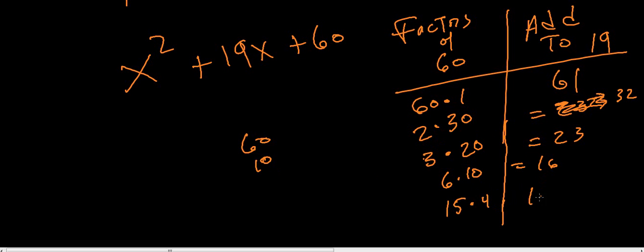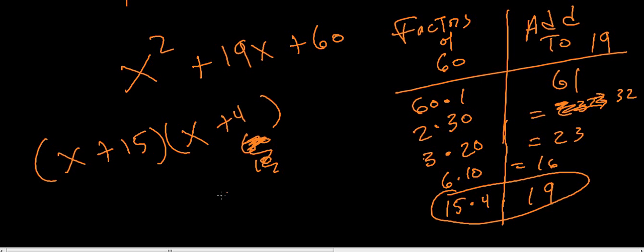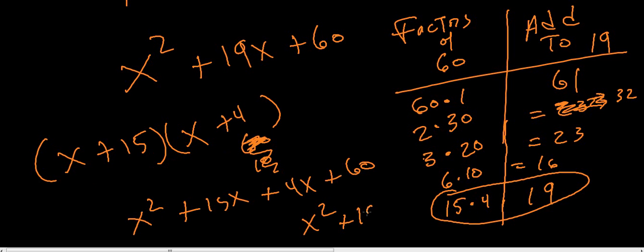Well, 15 plus 4 is 19, so that's our answer. So now you take your x plus 15 times x plus 4. You pull it out, you get x squared plus 15x plus 4x plus 60. So you get x squared plus 19x plus 60.